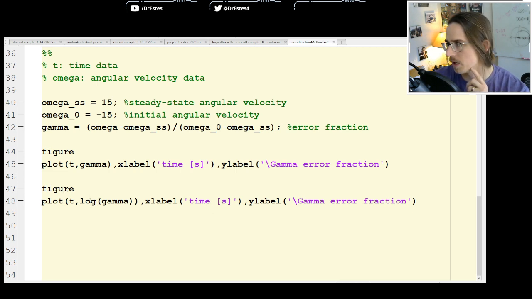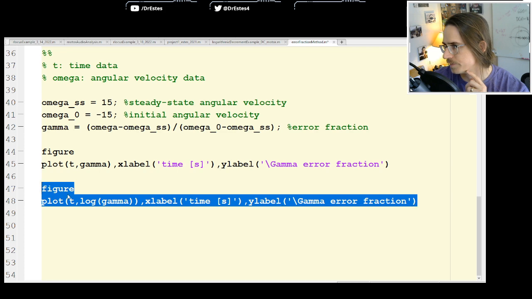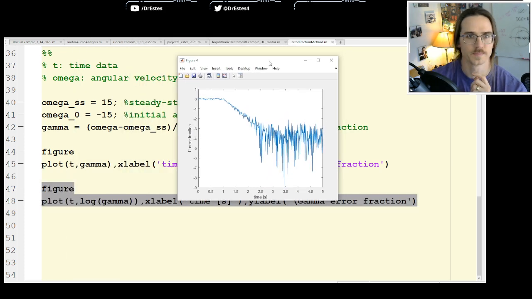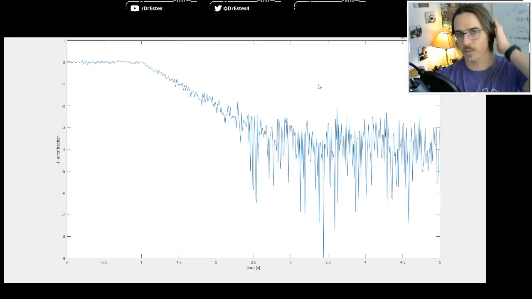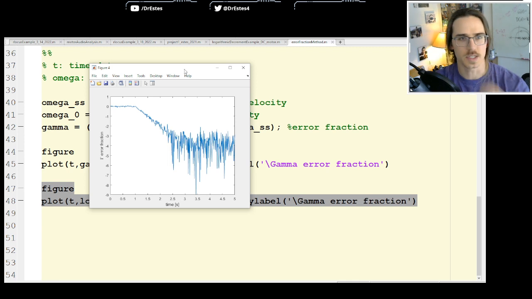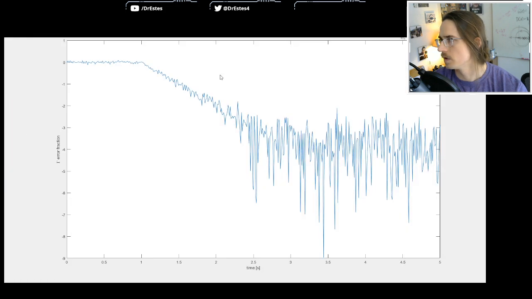Okay, so let's just plot. So log in Matlab is the natural log. Okay. So this is what I want to show you. You see that this initial part is prior to the actual step response.